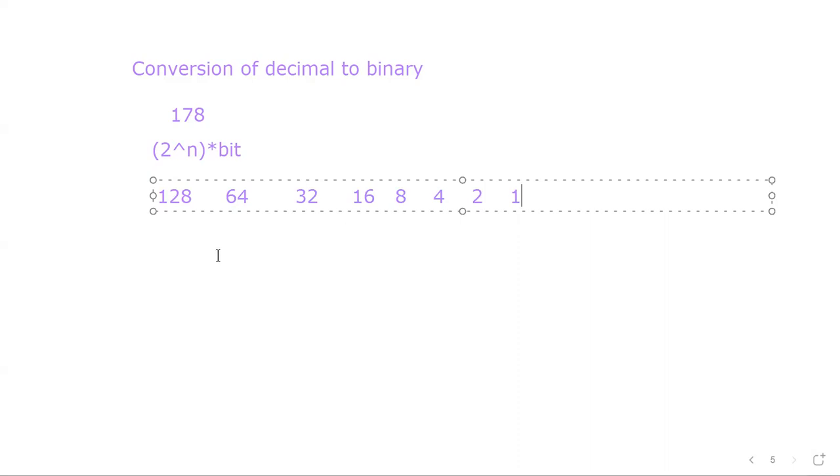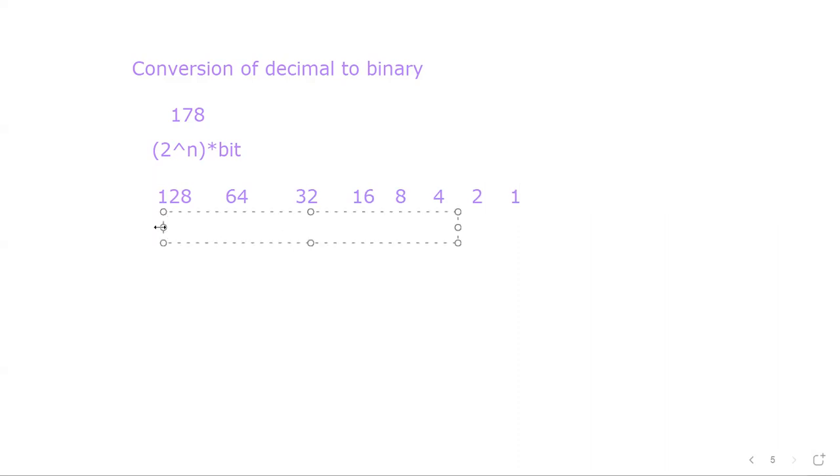In this shortcut, check where 178 lies. The biggest below it is 128. So let me subtract 128 from 178. What comes? 50.